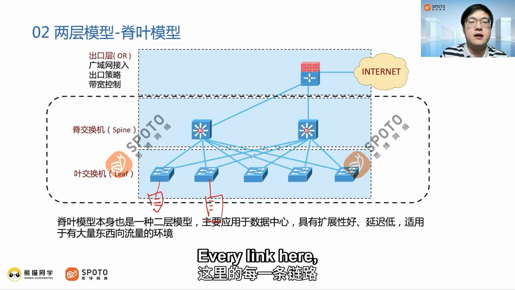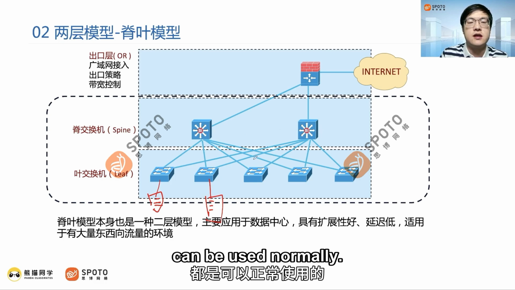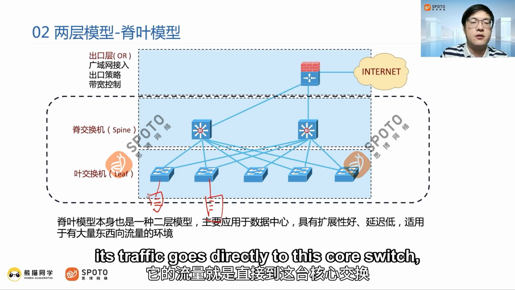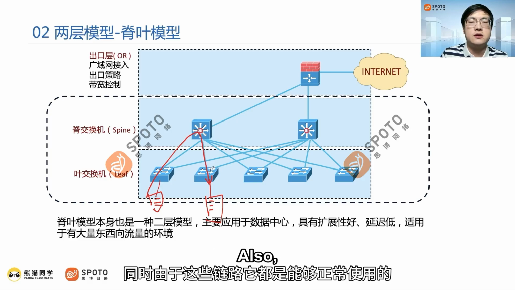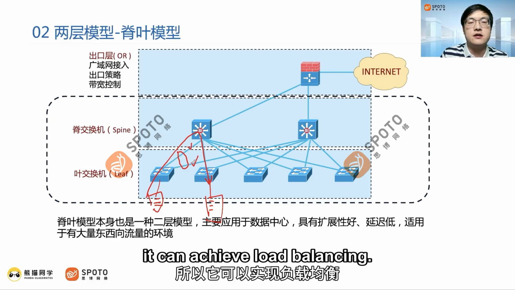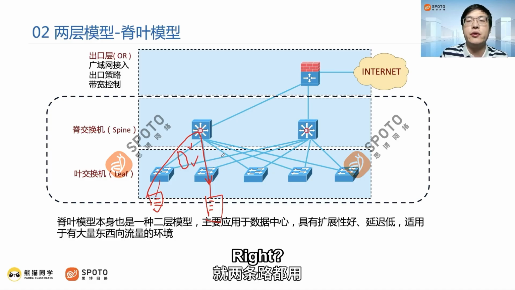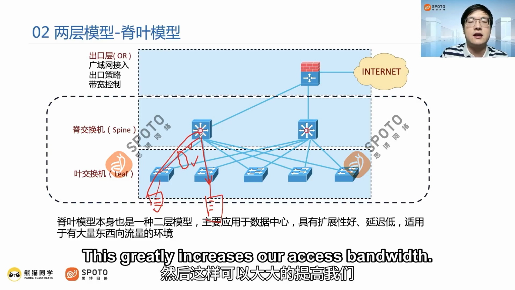Every link here can be used normally, so the traffic goes directly to this core switch and then straight down. Also, because these links are all working normally, it can achieve load balancing. Both paths are used and traffic is split. This greatly increases our access bandwidth.